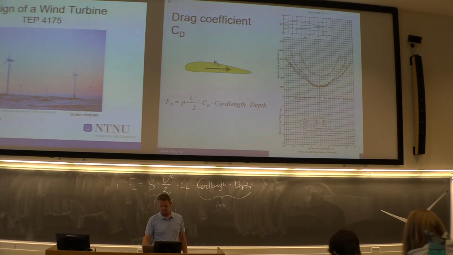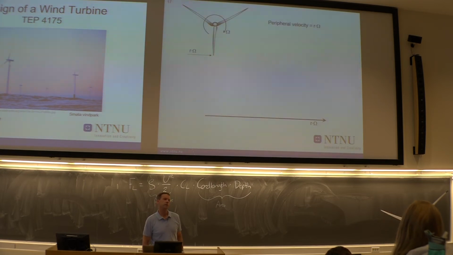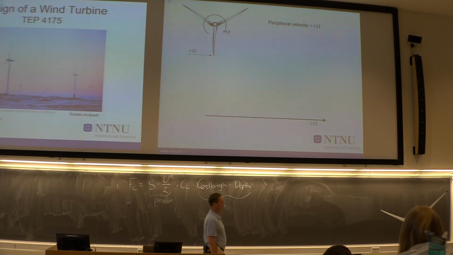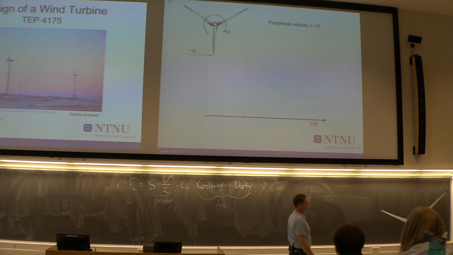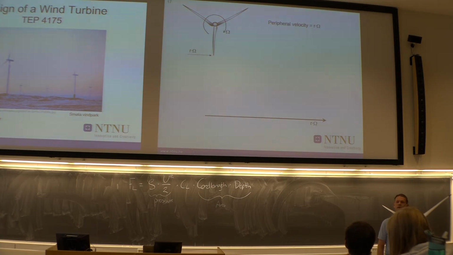Okay, now that we have defined these numbers, I'm ready to go to the wind turbine. Because we are on the blade, the wind velocity on a wind turbine is not just the wind velocity.